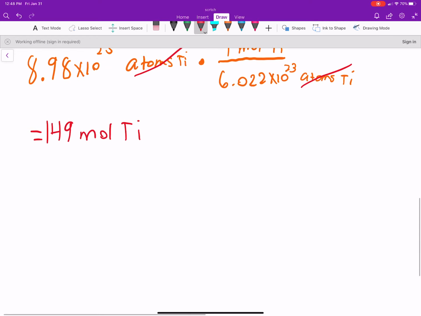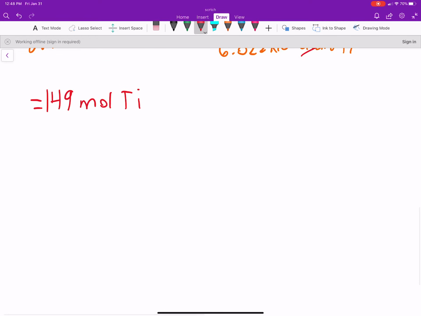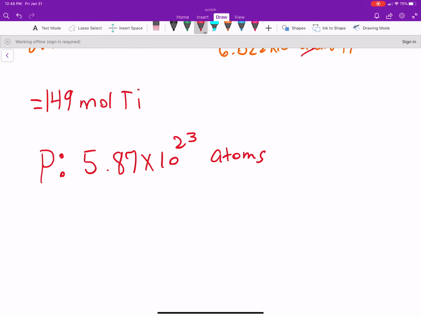Okay, here's a practice one for you to try. Let's say we have a sample of potassium that contains 5.87 times 10 to the 23rd atoms. How many moles of potassium do we have? Well, follow the same idea here.